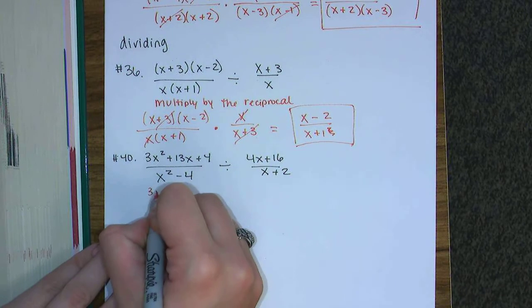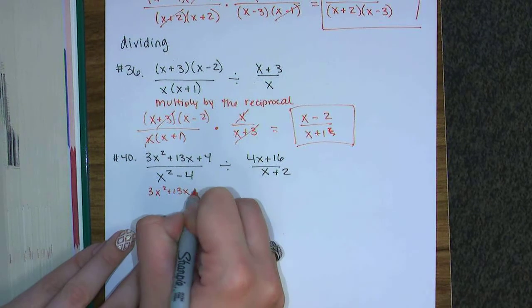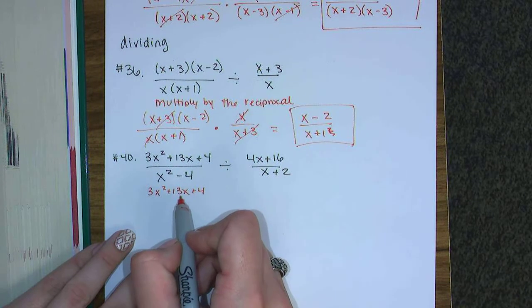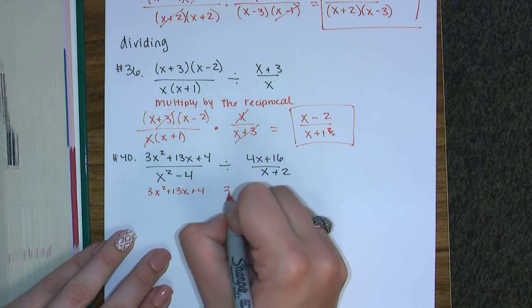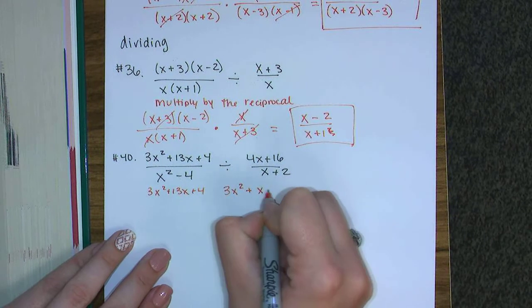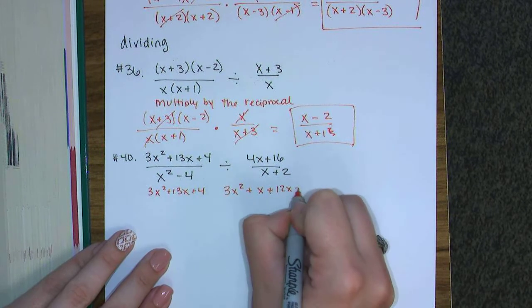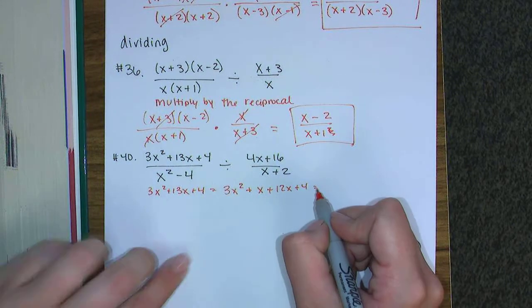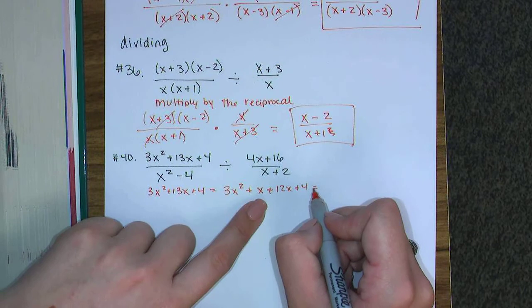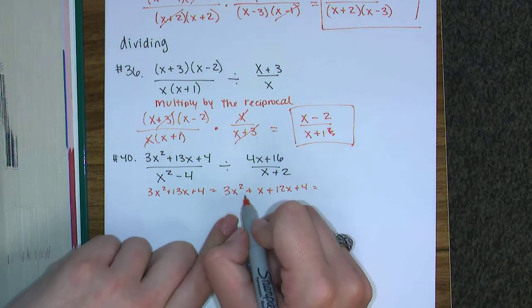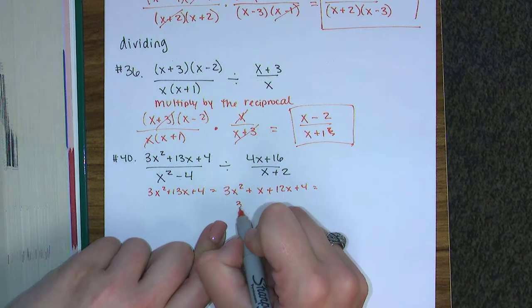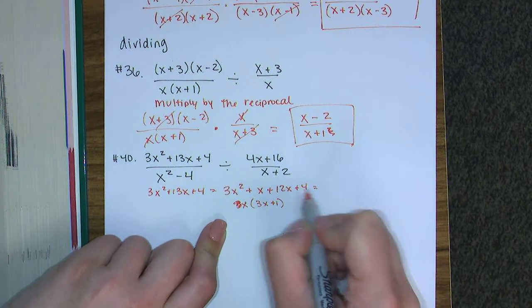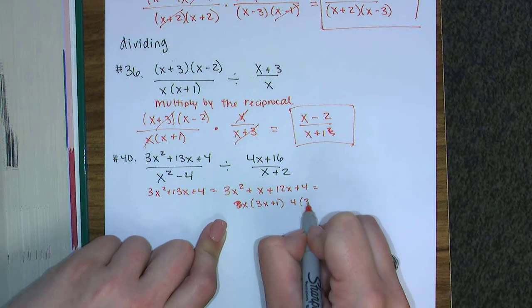So 3x squared plus 13x plus 4. So this is 12, and then to get to 13, it'd be 12 times 1. So this is going to be 3x squared plus x plus 12x plus 4, which is going to break into x times 3x plus 1, pull out a 4 times 3x plus 1.